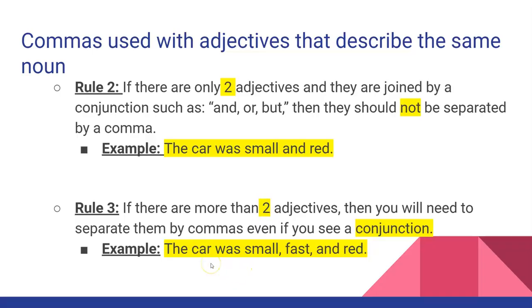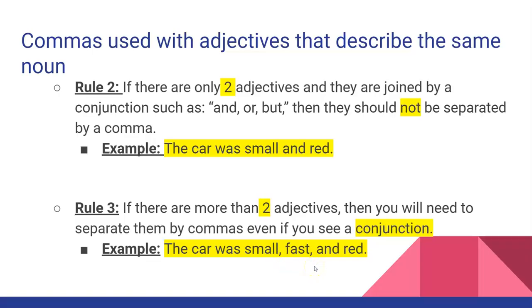So for example, the car was small, fast, and red. Again, we're focusing on the car. The adjectives we're using to describe the car are small, fast, and red. Since we have 3 adjectives, it's almost like our items in a list. We need to separate those with a comma.